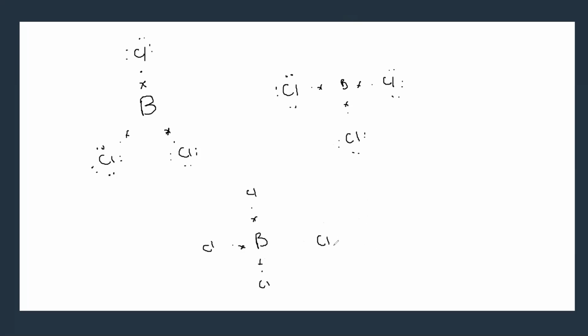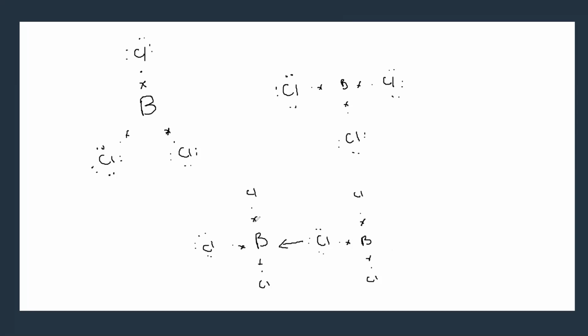I will use a dot and cross diagram. That's why I erased this. So the chlorine lone pair is attracted towards boron and forms a bond with this boron.